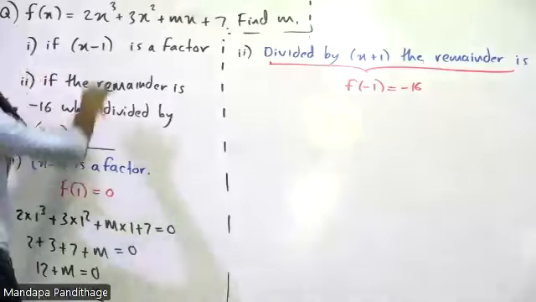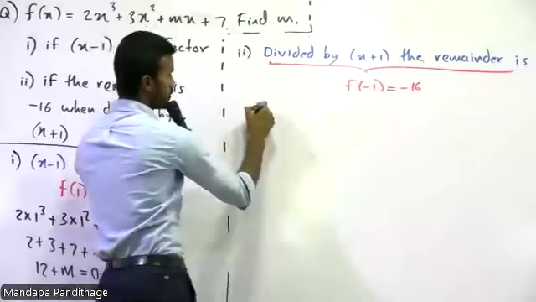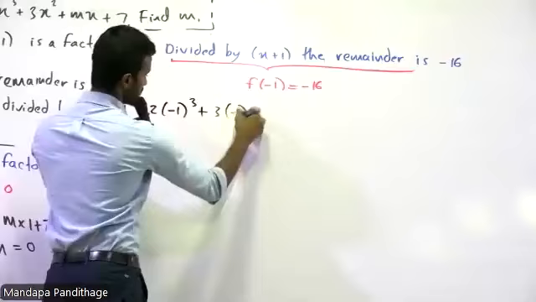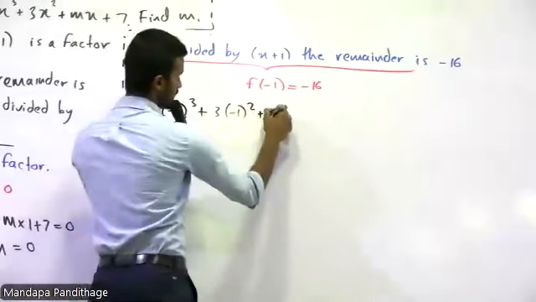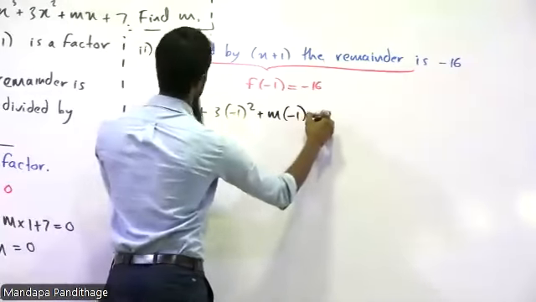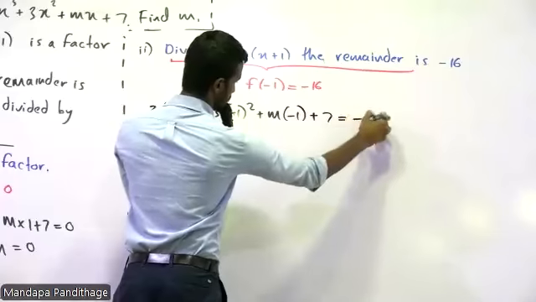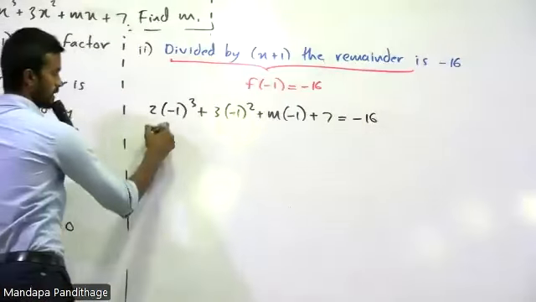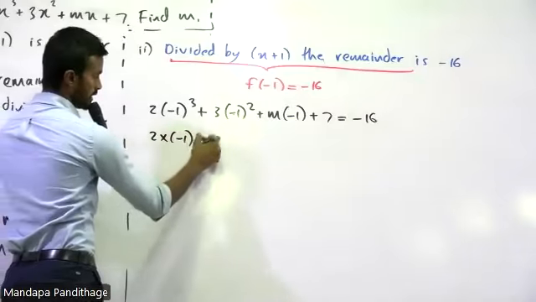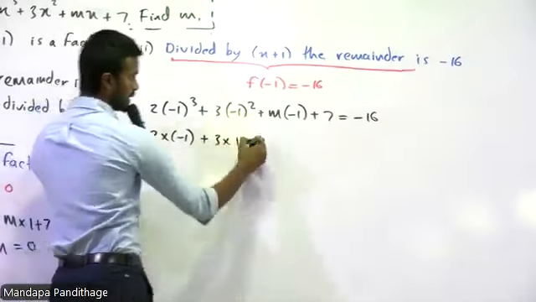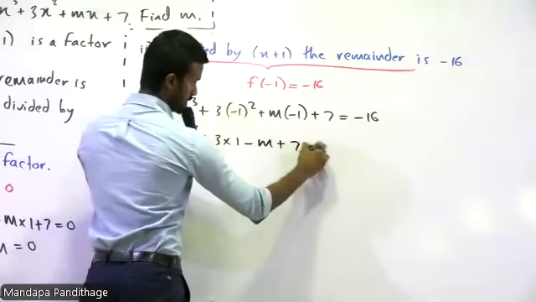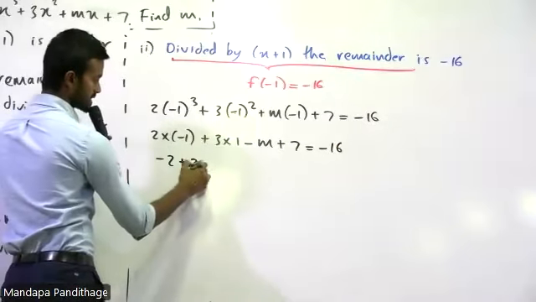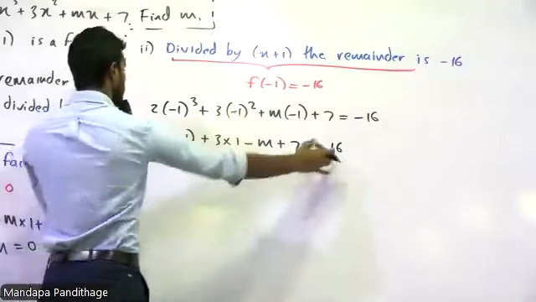Clear? Okay, then substitute minus 1. You get 2 into minus 1 cube, 3 into minus 1 squared, plus m into minus 1 plus 7 is equal to minus 16. I have substituted x equals minus 1: cube is minus 1, square is 1, so you get minus 2 plus 3 plus 7 minus m is equal to minus 16.